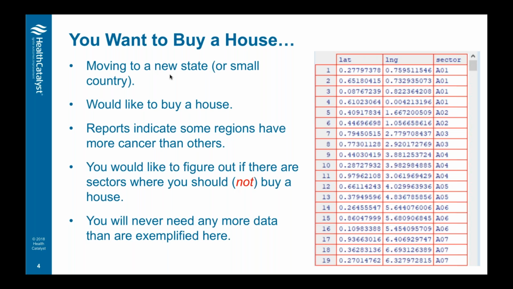So the good thing, if there is a good thing about cancer, is that it's a reportable disease, and so you were able to download for yourself all of the data for every cancer that has been reported in this state that you're going to be moving to. And on the right-hand side, what you can see is the latitude and longitude and the region for each one of those reported cancers.